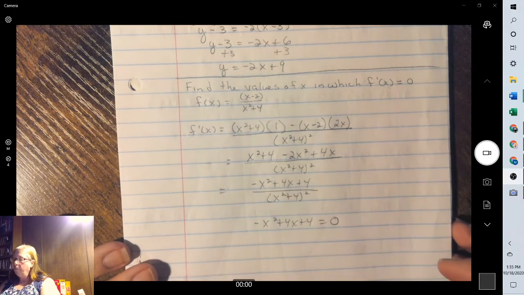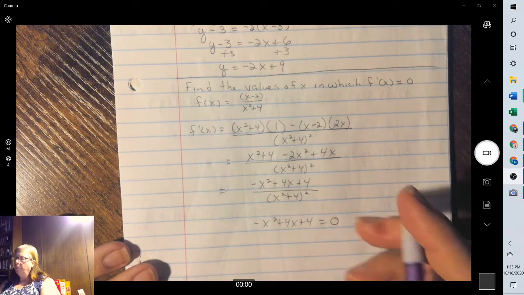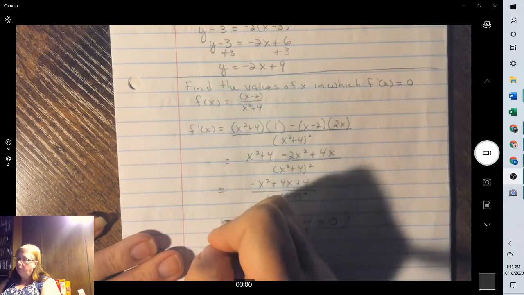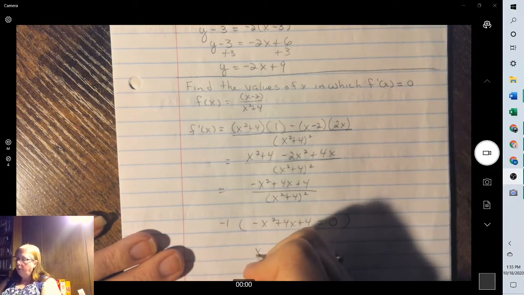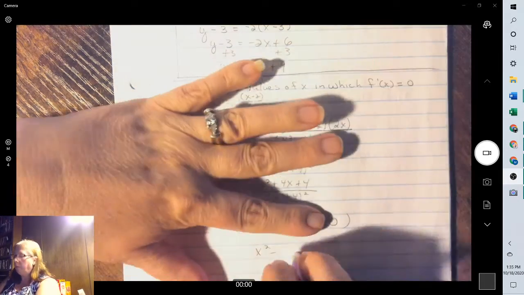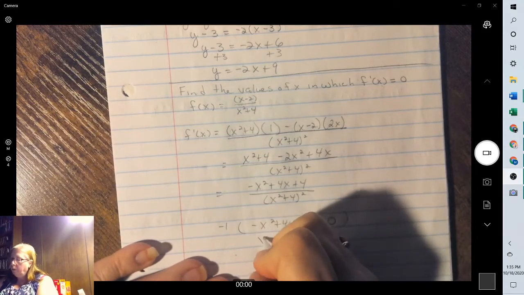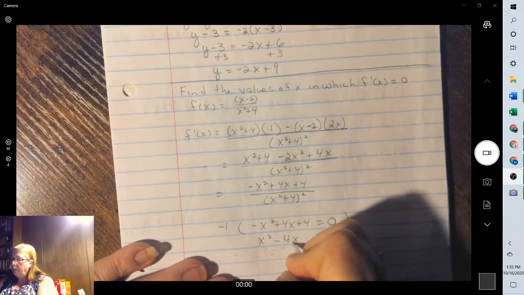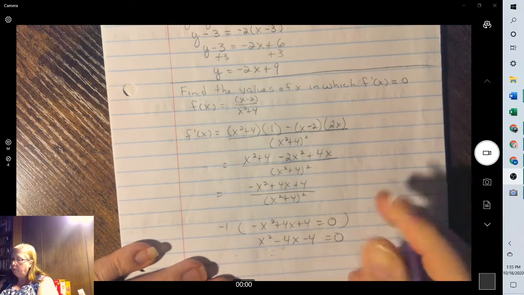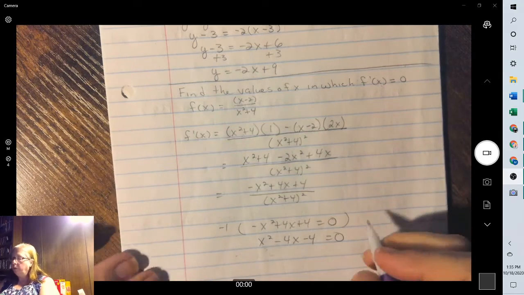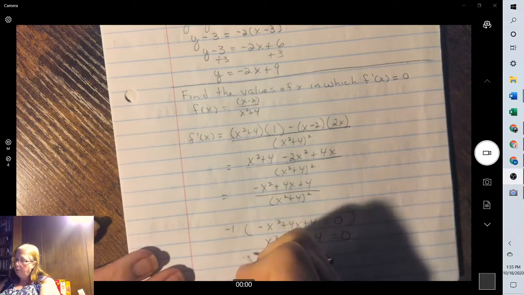I'm going to multiply through by a -1. So then we have x squared minus 4x minus 4. It's not factorable, but you can use the quadratic formula.